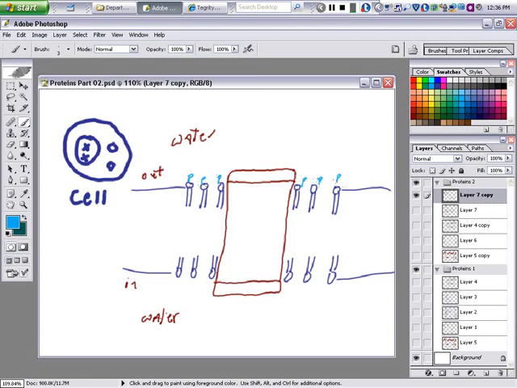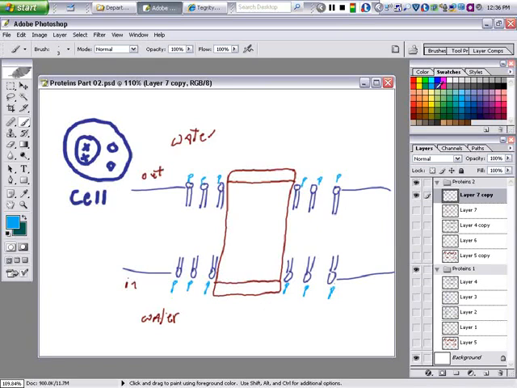What about the phospholipid heads on the inside of the cell? Do these need to be polar or non-polar? I thought I was going to trick you. Exactly. It's going to be polar. Very good. So it's got to be polar here as well.